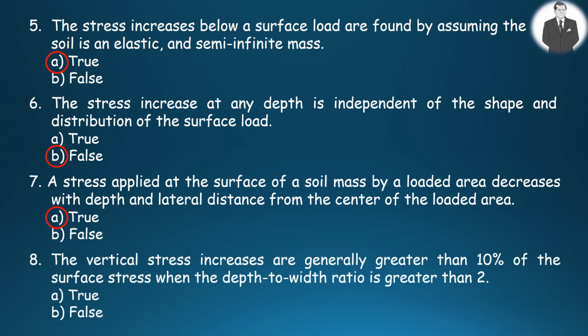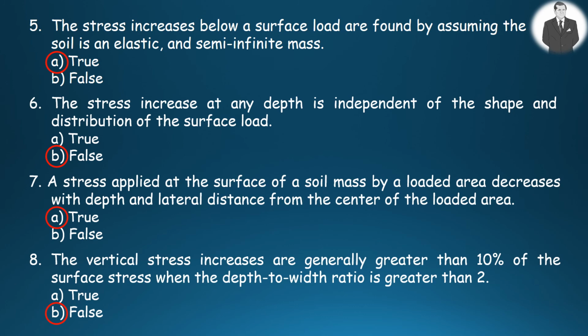The vertical stress increases are generally greater than 10% of the surface stress when the depth to width ratio is greater than 2. Again, look at the figure of the pressure bulb and then state whether it is true or false. No, it is false. Look, it is said the vertical stresses are generally greater than.